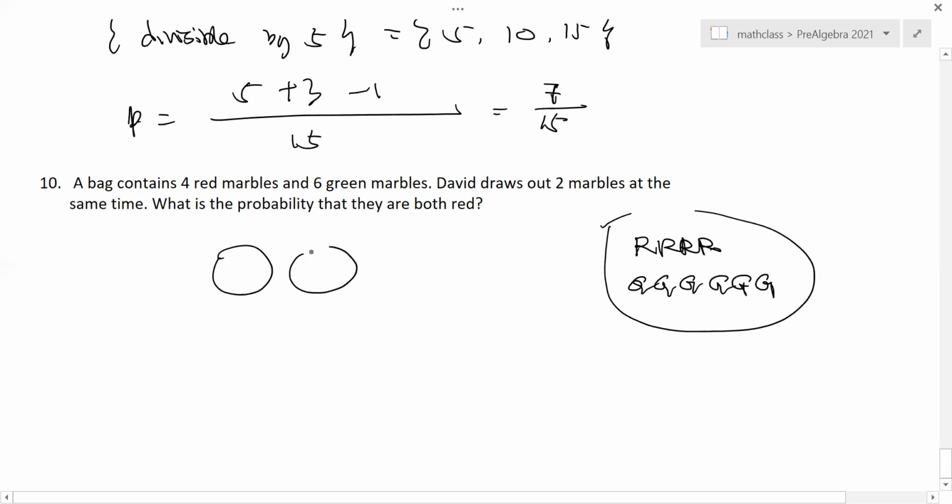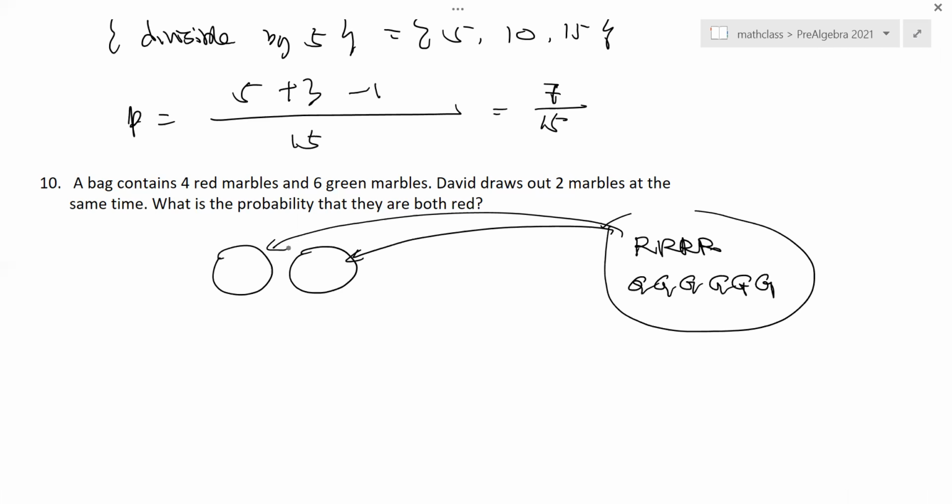I'm going to take 2 of them out. All right, think about that.